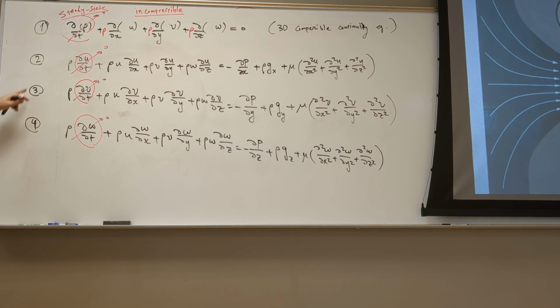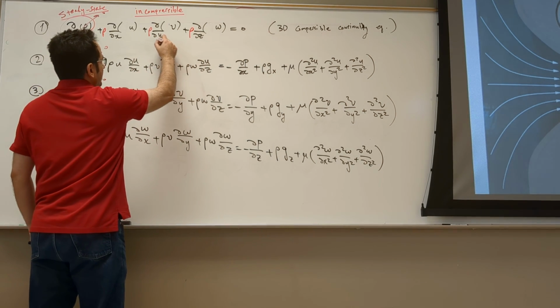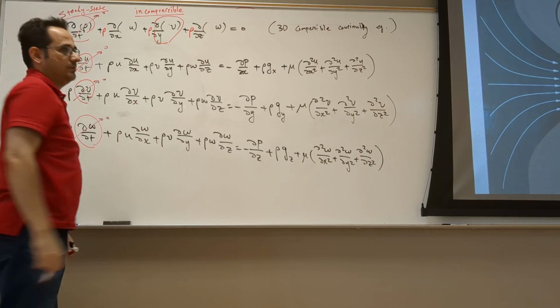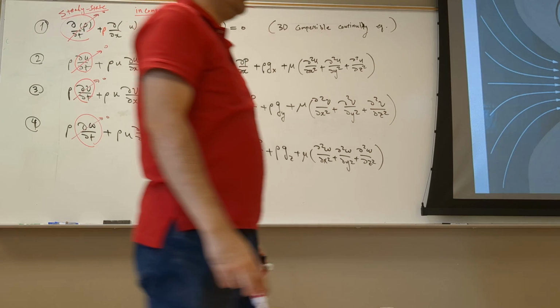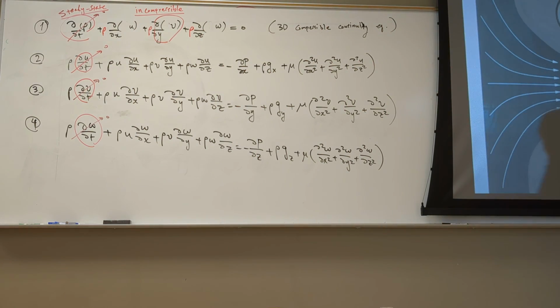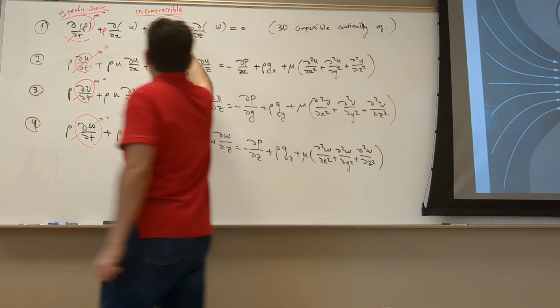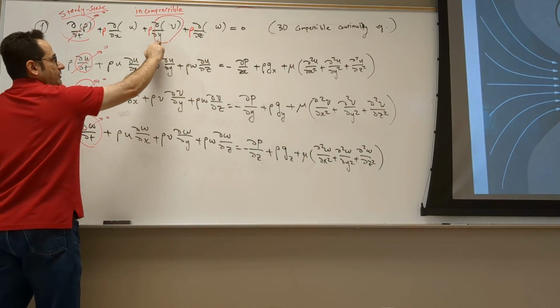Now, what other term is zero? Let's start with this. What do I get for that? Partial V, partial Y. Do I even have V? The velocity is only in the X. Do I have a V component? No. So V is zero, and not only V is zero, but also its derivative is zero.